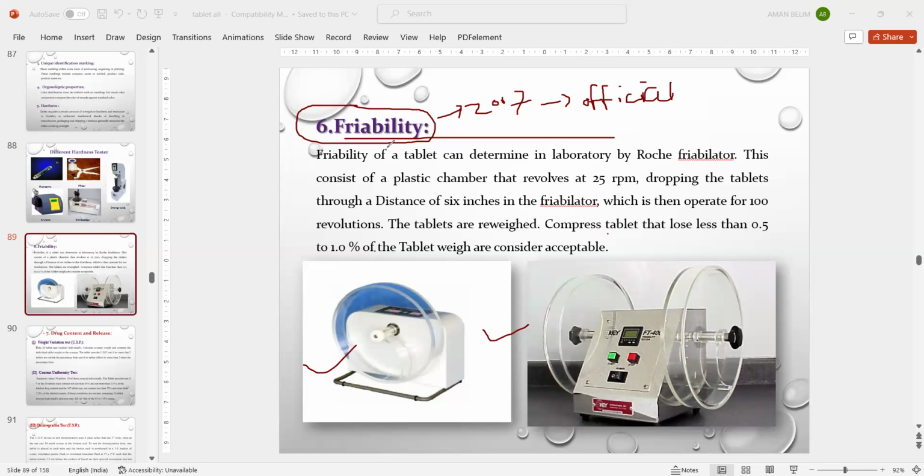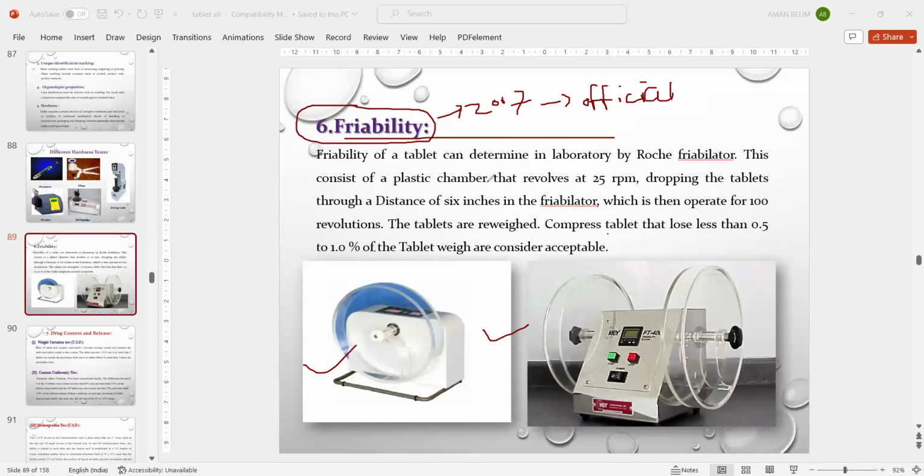If a particular tablet has to pass the friability test, what should be the criterion in terms of percentage? Weight loss should be less than 1%. Yes, very good. So it should be less than 1%.